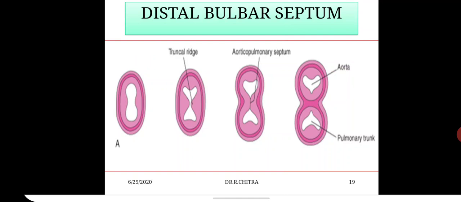So this is how the four endocardial cushions, dorsal and ventral, right and left, fuse, so that two orifices appear and three semilunar valves form at the truncoconal junction. This is called the distal bulbar septum.